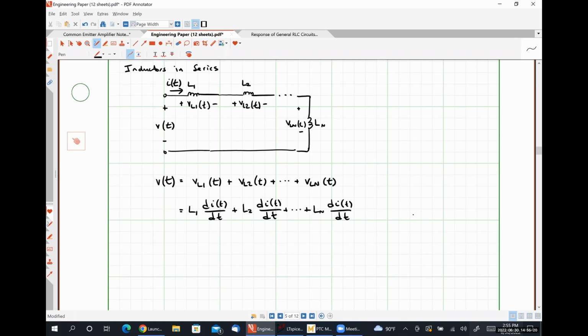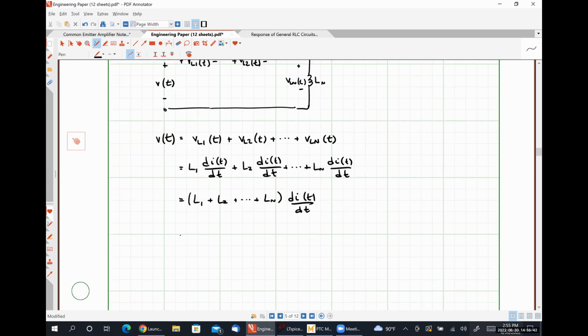All of these terms contain a common factor of di by dt. So that means we can say that our voltage is L1 plus L2 all the way out to L sub n times di by dt, or LEQ di by dt, where LEQ is simply L1 plus L2 all the way out to L sub n.